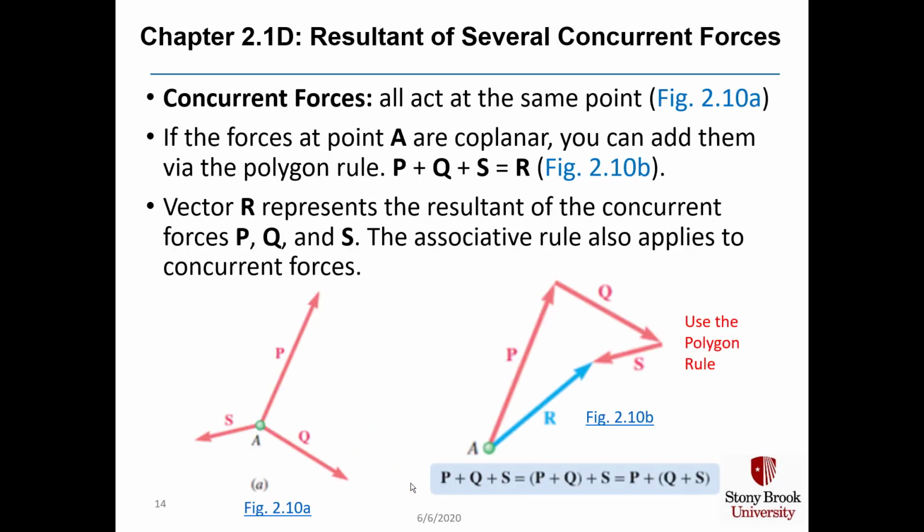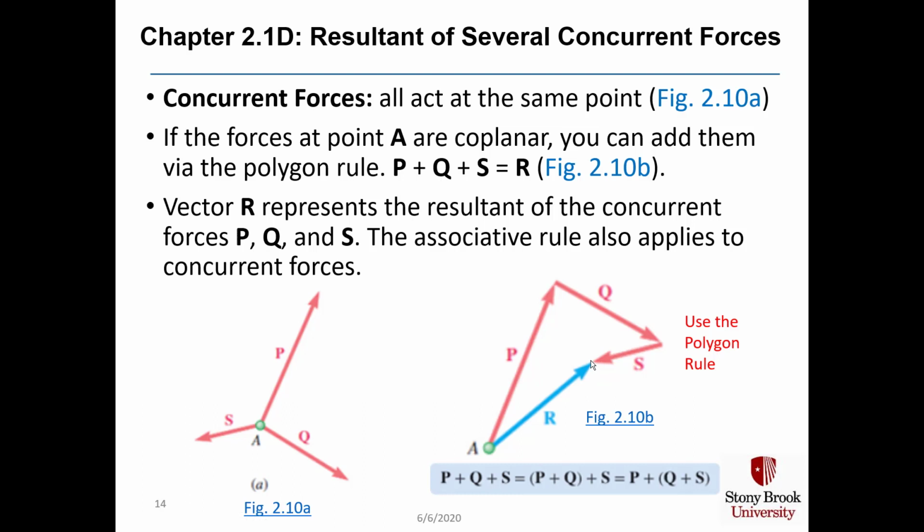Concurrent forces are defined as forces that all act at the same point, as shown here in the lower left in figure 2.10a. If the forces at point A are coplanar, you can add them via the polygon rule, where p plus q plus s is going to equal vector r, and vector r is found by drawing an arrow from A, where point A is where the original three vectors act, to the tip of s.